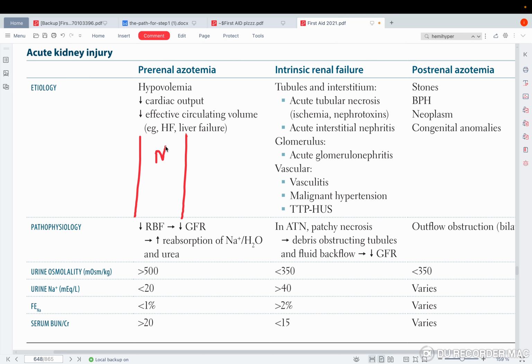It has, let's say, sodium, for example, and also a lot of water. It has some urea. It has so many other substances, and you are sucking only water from here. So the concentration will go up or down? Up. Excellent. The concentration will be up. Urine osmolality is going to jump up.